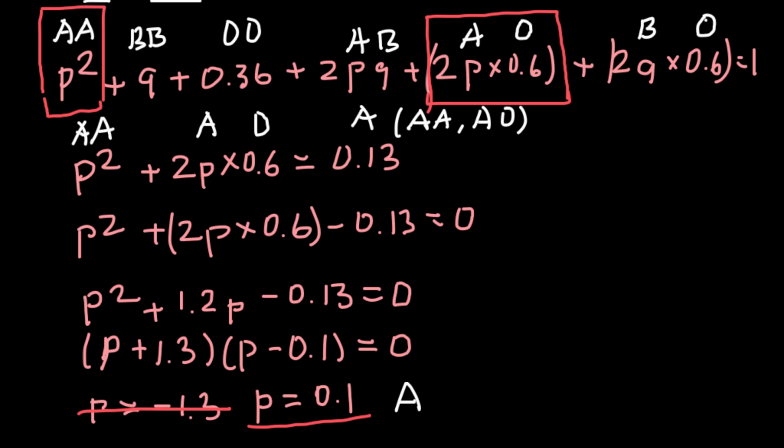Phenotype B is made by two genotypes, genotype BB and genotype BO.